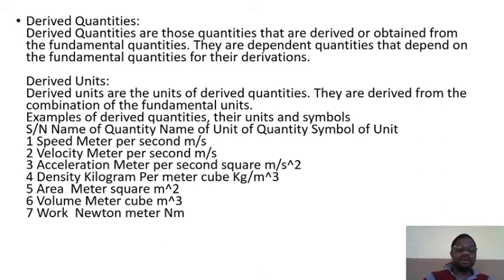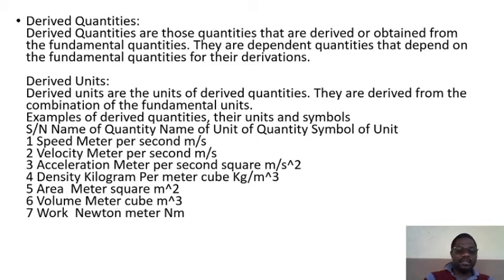For instance, we have number 1, we have speed. Is measured in meter per second. We have velocity also measured in meter per second. I am sure you know the difference between speed and velocity. Then we have acceleration. Acceleration measured in meter per second square.